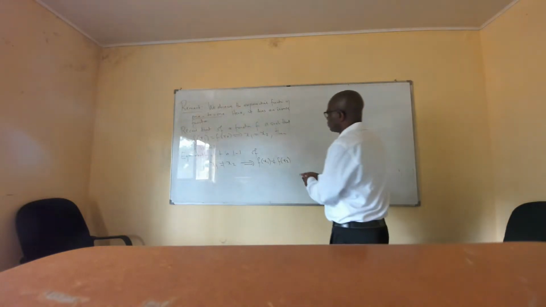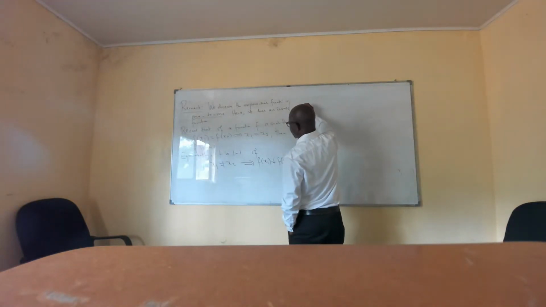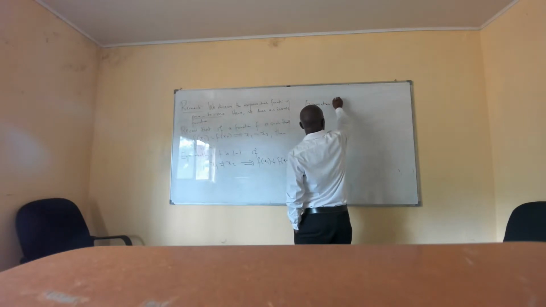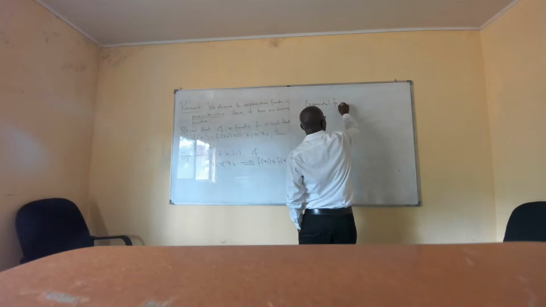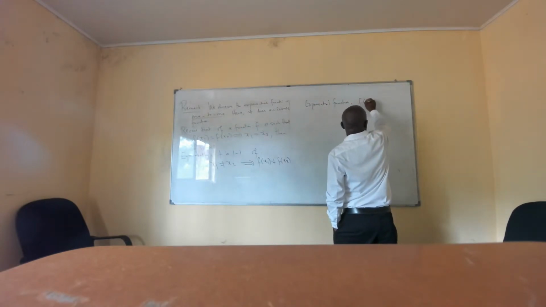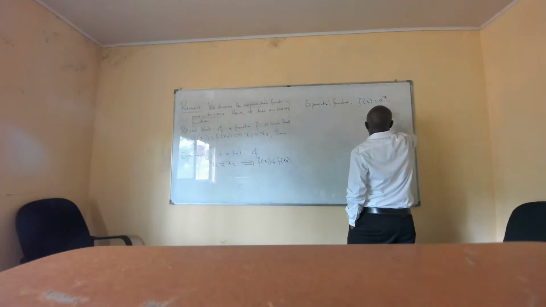So using this, what are we saying when we compare it to the exponential function? We are saying f of x equals a to the power x.